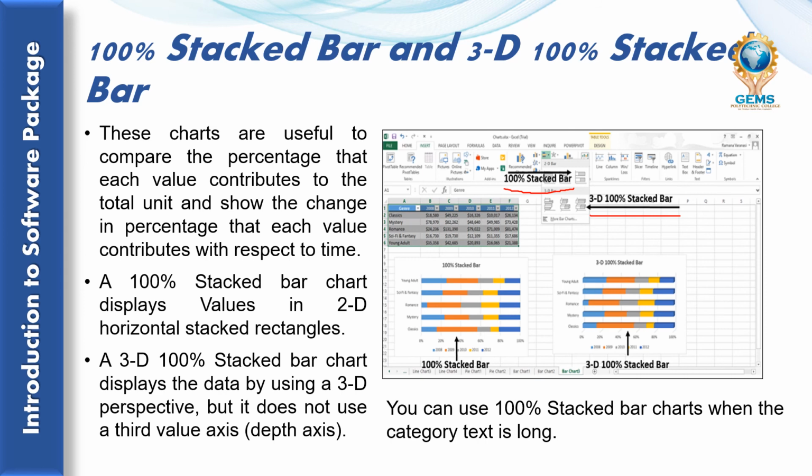The 100% stacked bar chart displays the values in 2D horizontal stacked rectangles, and the 3D 100% stacked bar chart displays the data by using a 3D perspective, but it does not use a third value axis. You can use the 100% stacked bar chart when the category text is long.